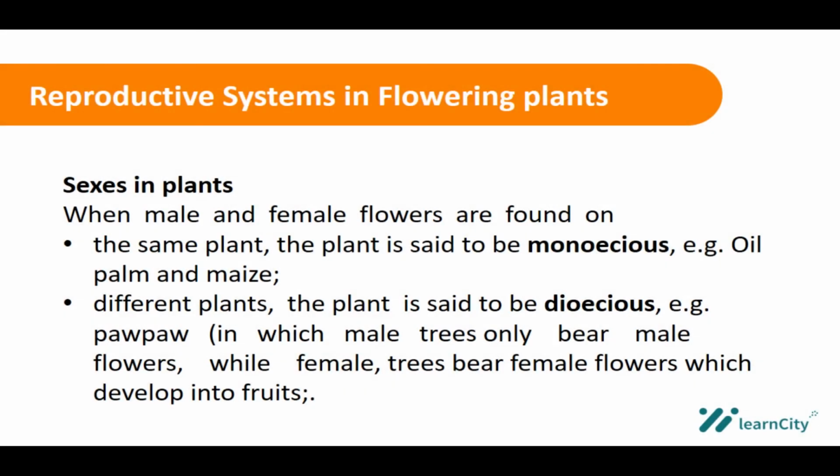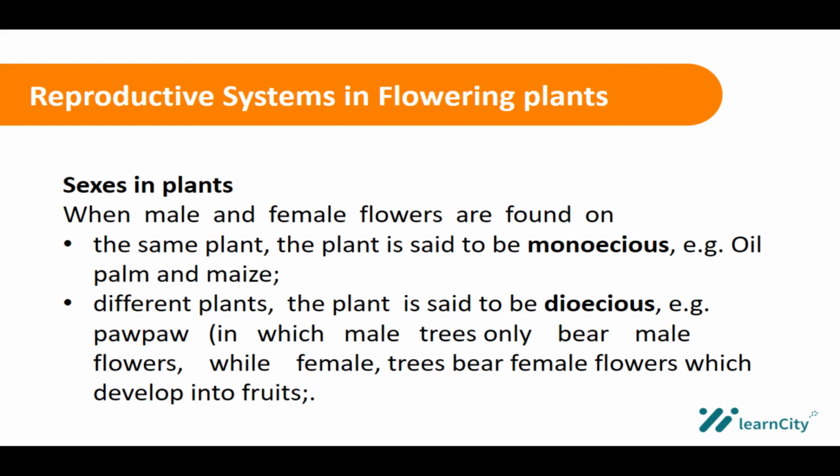Now, as we have unisexual flowers, we could have them in various ways. When male and female flowers are found on the same plant, that plant is said to be monoecious. For example, we have that in oil palm and maize. When the male and female flowers are found on different plants, the plant is said to be dioecious.